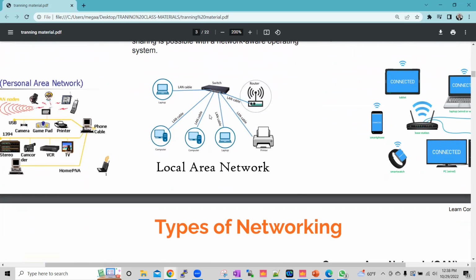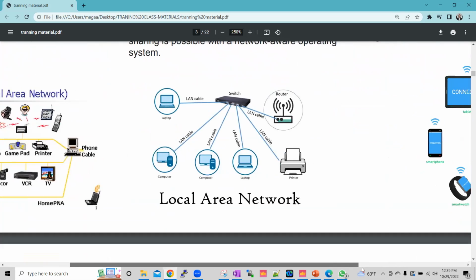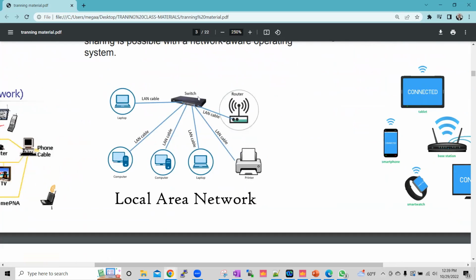So now, if you look at this picture, you see that the connectivity is from different things here, and please don't mix it together. We are not talking about your house. We are talking about an enterprise network. In an enterprise network, you see that there's a switch.